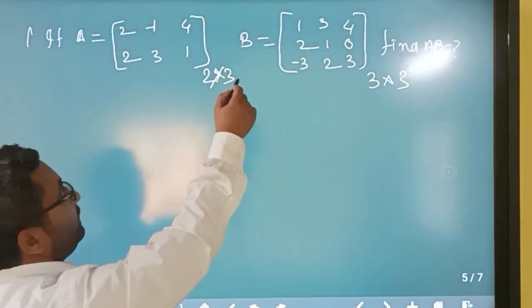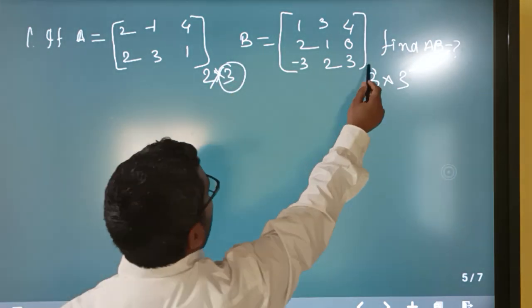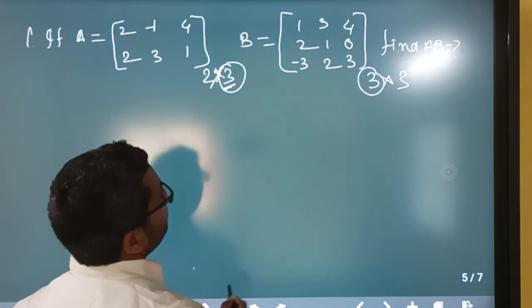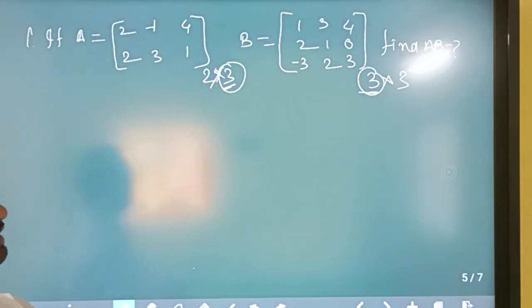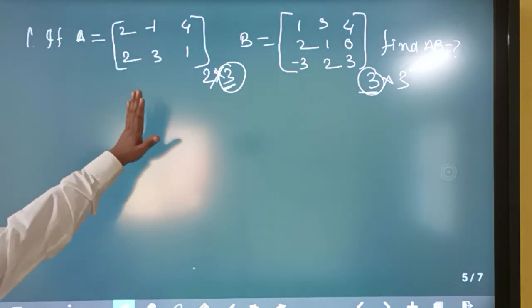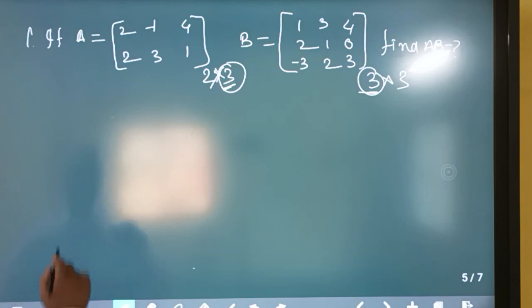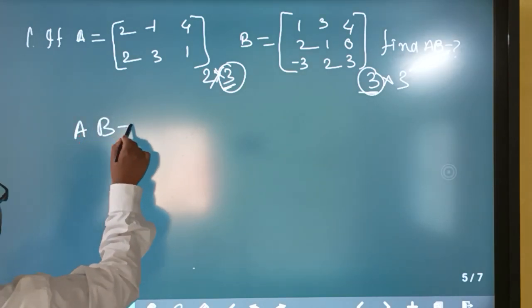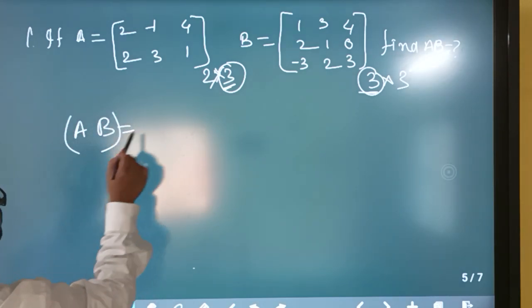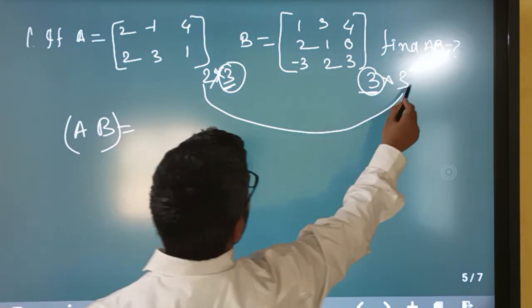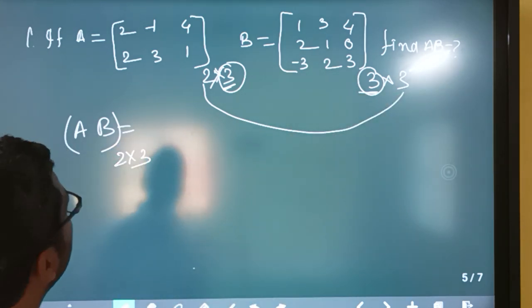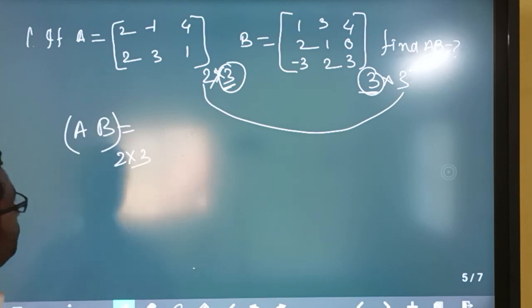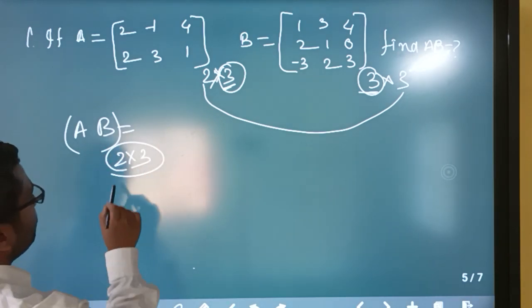Now we can see that the columns of the first and rows of the second are equal, so we can multiply AB. The result will be a 2 cross 3 order matrix.